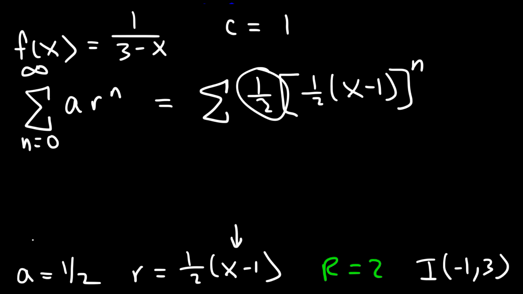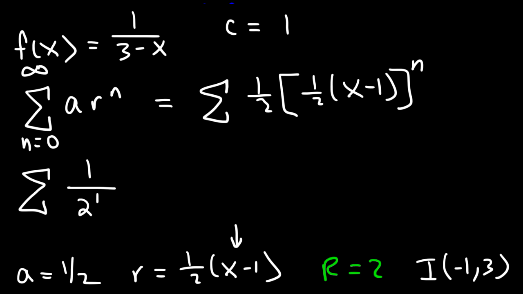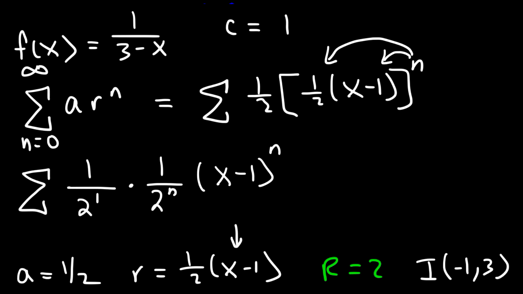Now this 1/2 outside of it, we can write it like this. It's going to be 1 over 2 to the first power. And then the n, we're going to distribute to the 1/2 inside the brackets and the x minus 1. So it's going to be times 1 over 2 to the n times x minus 1 raised to the n power.